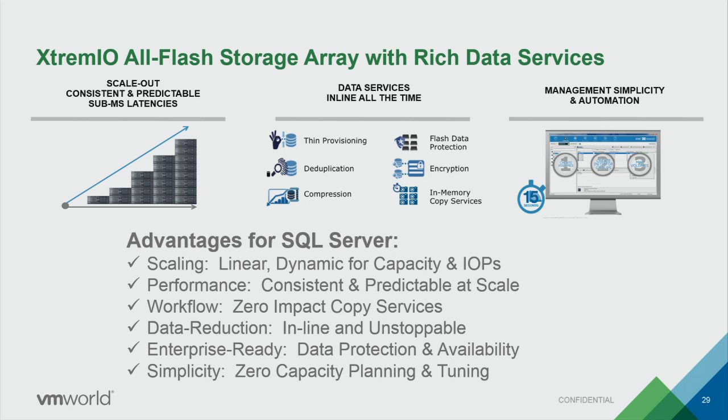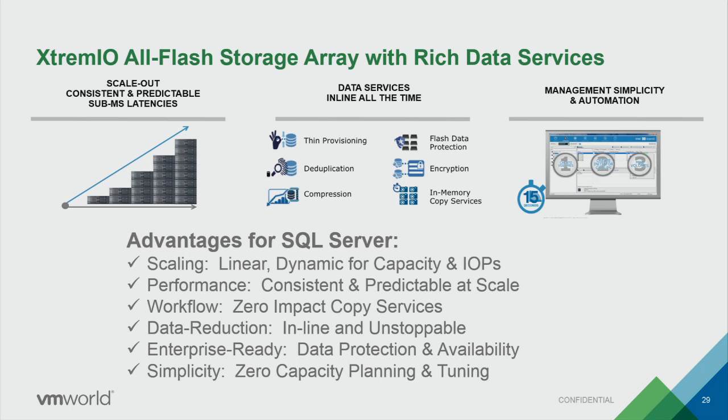Each XtremIO X-Brick can give you about 250K IOPS of 100% read performance. If you run mixed workloads, it can perform about 150K mixed read-write IOPS. And we can scale all the way up to 8 X-Bricks now with our recent 4.0 release. So that's over millions of IOPS for your virtualization environment.